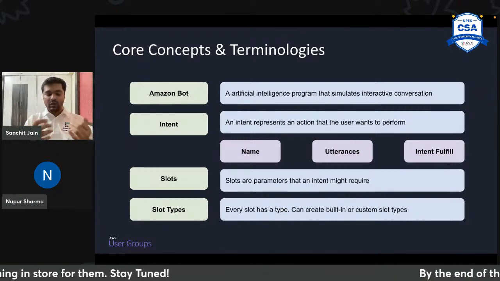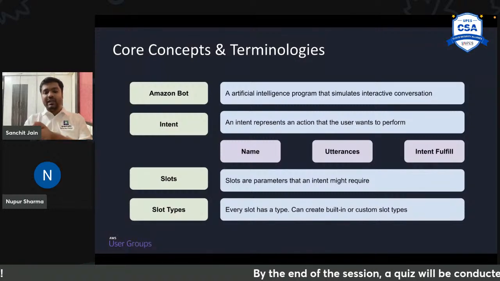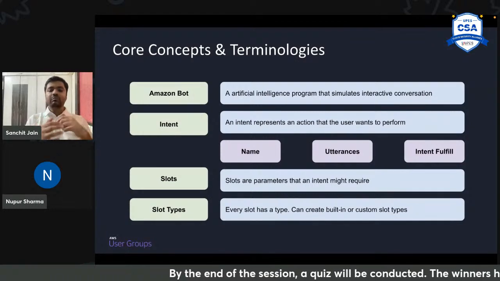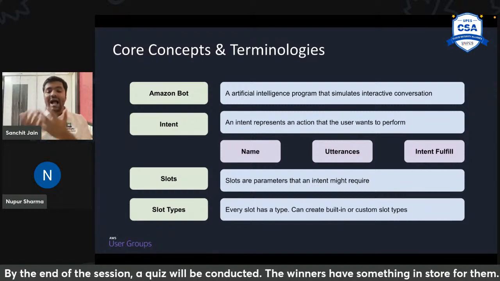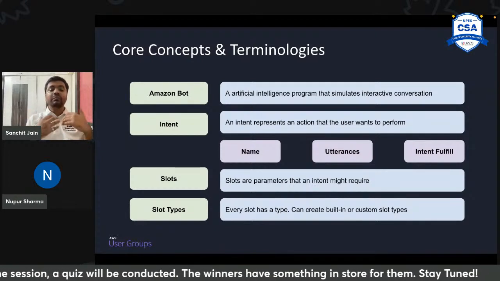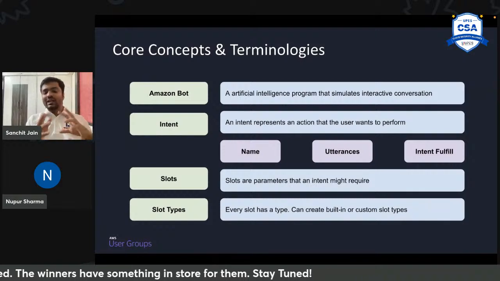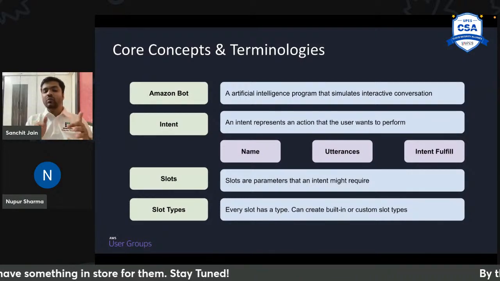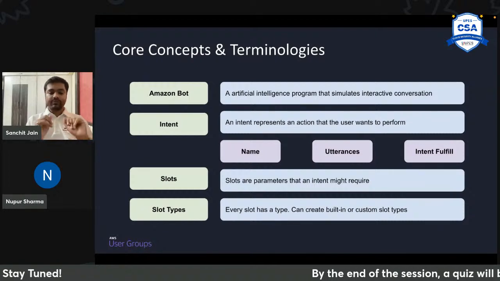So I need to give the input. That input is called a slot. Now, for example, some input can be text, some can be a number, some can be actual media, or it can be a custom defined input. That is called a slot type. I'll cover all of this in the live demo where you will see intent and slot type in detail.